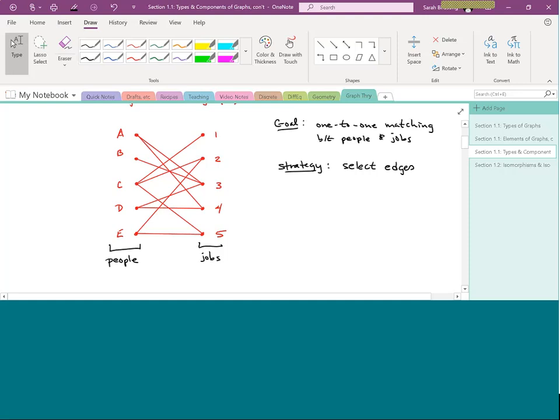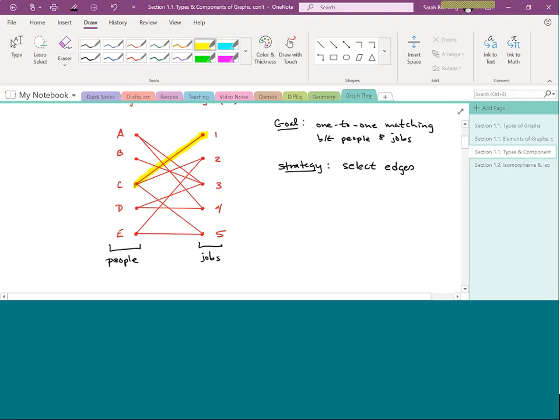Now, anybody have a guess on what some of the things are that we're forced to do? Anybody notice a person-job pair that we have to select? Yeah, if you notice over here, if we talk about this in terms of a graph, job 1 has degree 1, so we have to match person C with job 1.